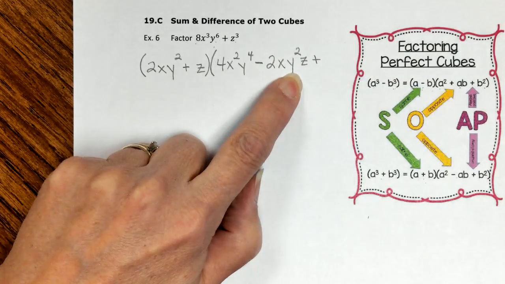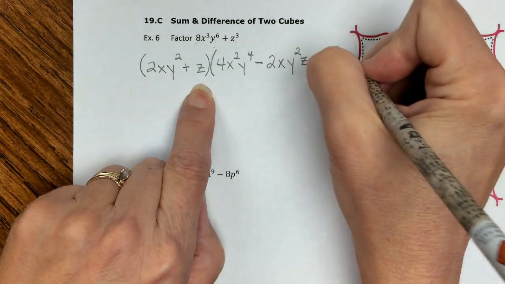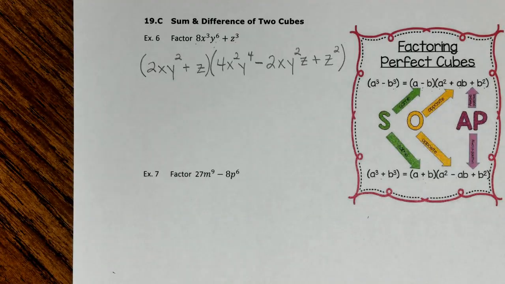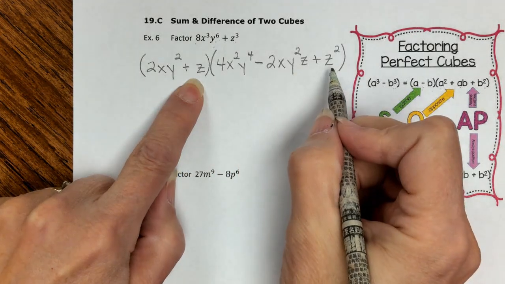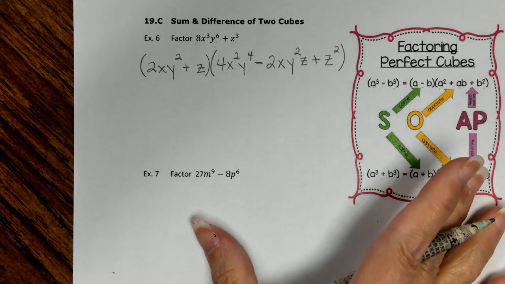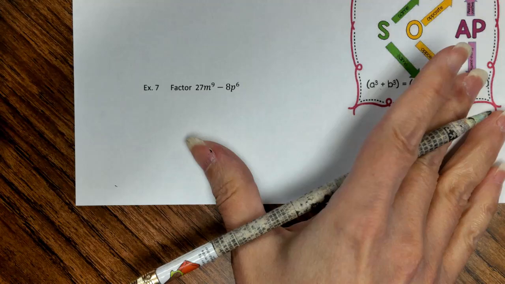Okay, and then we square this, z squared. And I'm not going to take the time in the video here, but if you multiply both of these times each of those, you can prove to yourself that it works. Okay, so as long as you remember the process and get your signs right, it will work. And if you want to take a minute and actually multiply them, you can check it out.